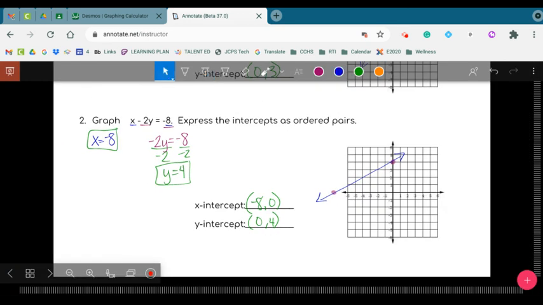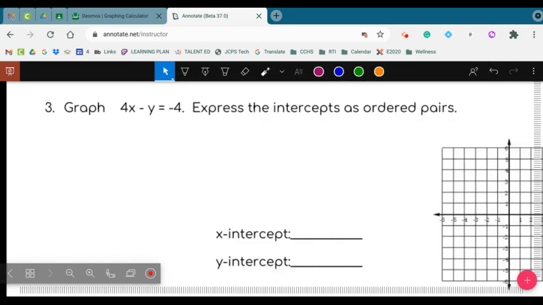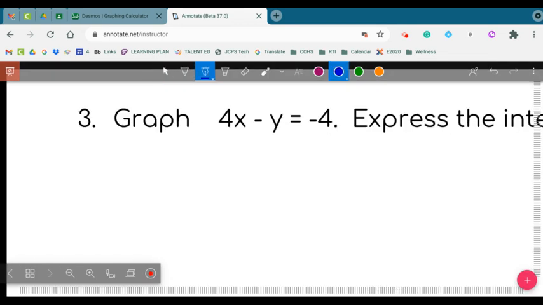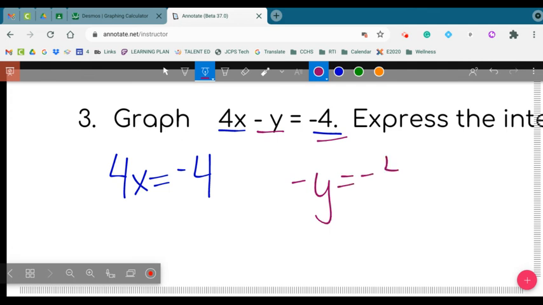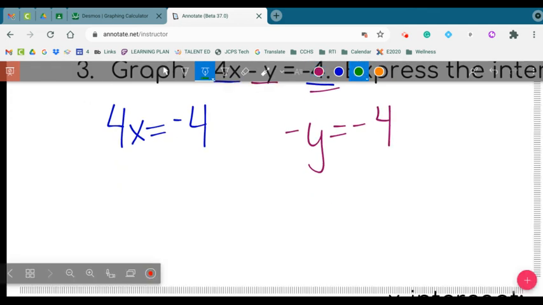Okay, last problem. We're going to have 4x equals negative 4. And negative y equals negative 4. So we're going to have x equals negative 1.